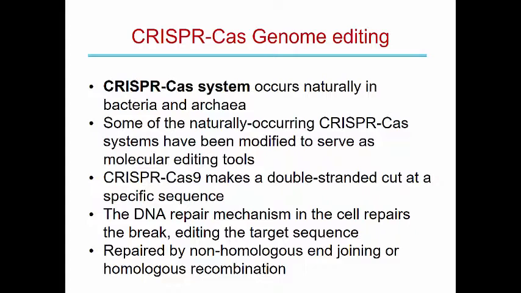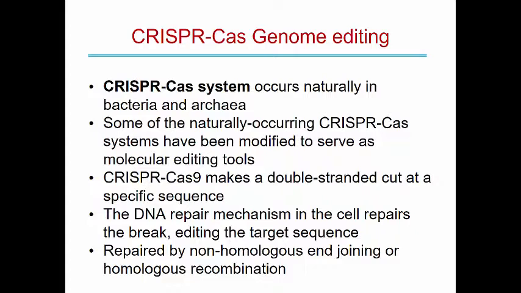So the CRISPR protein recognizes a sequence complementary to the RNA and cuts it at a specific sequence. The cell then has mechanisms for repairing the double-stranded breaks, therefore editing the target sequence.